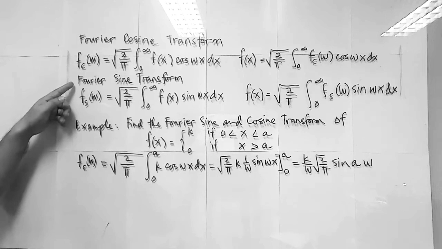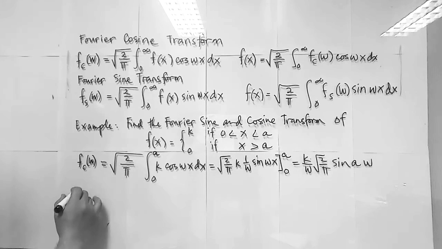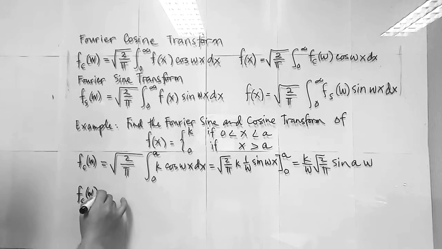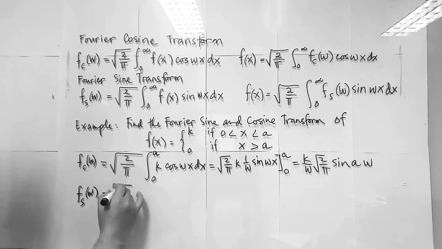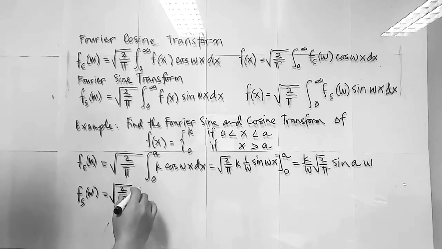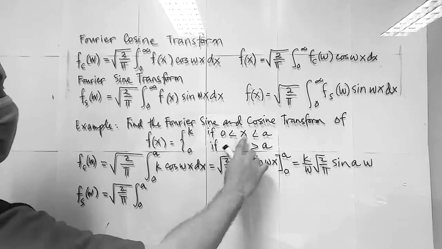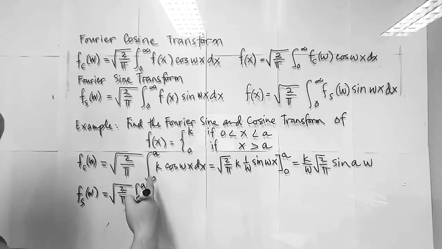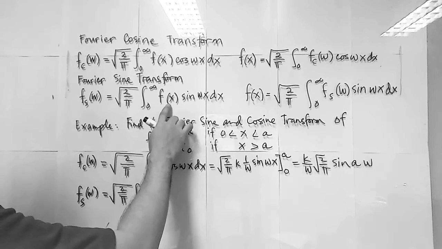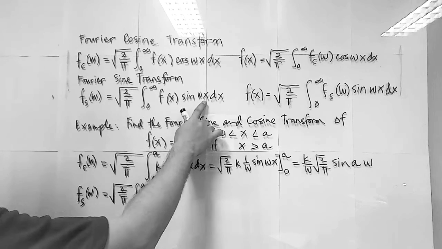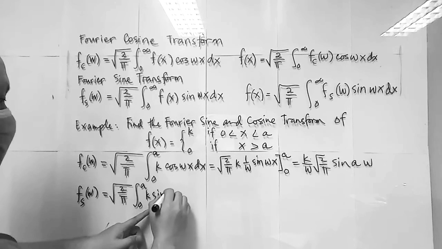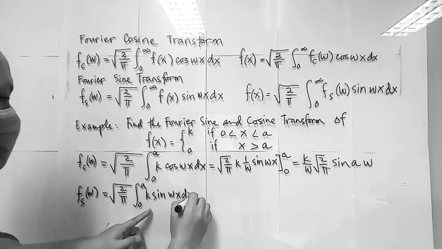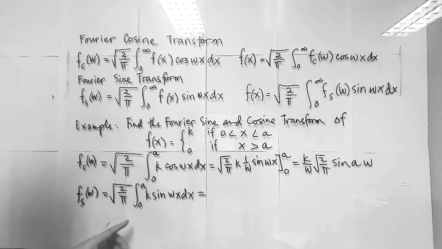This time we will proceed to the Fourier sine transform. We have f of w sub s, that is equivalent to the square root of 2 over pi, and then the integral, of course our limit is 0 to a. We have this one, and then k, this is our function k, and then sine of wx dx.